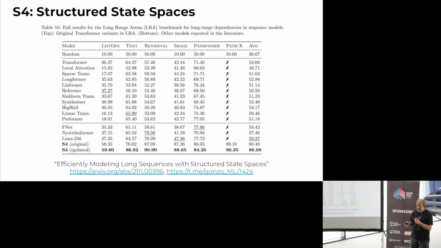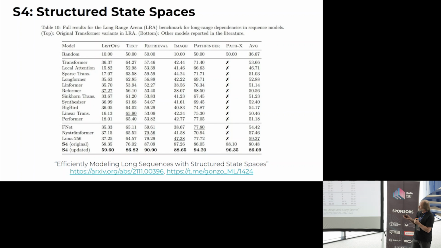You have S4, H3, and other models you face, and in every paper they do a lot of comparisons with not a vanilla transformer, but with a lot of optimized transformers, like, I don't know, Longformer, Linformer, BigBird, Performer. These are good models, which were originally much better than the vanilla transformer.